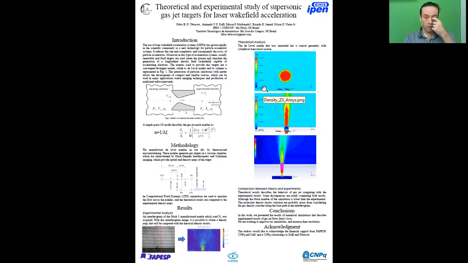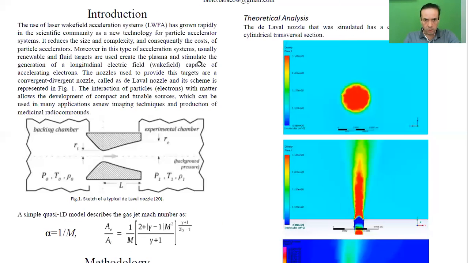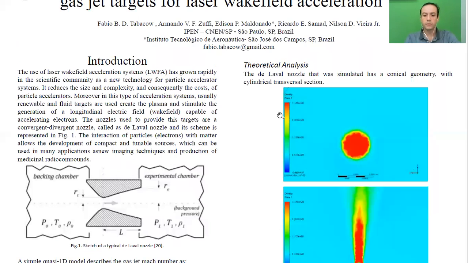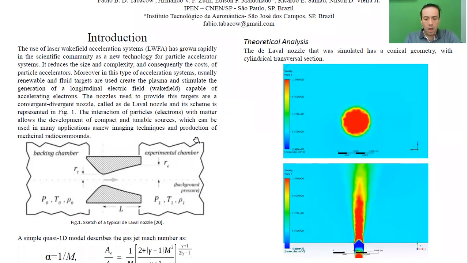The use of laser wakefield accelerator systems has grown rapidly in the scientific community as a new technology of particle accelerator systems. It reduces the size and the complexity and consequently the costs of particle accelerators.